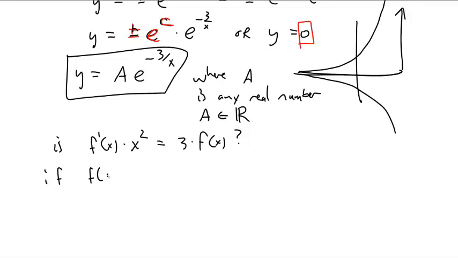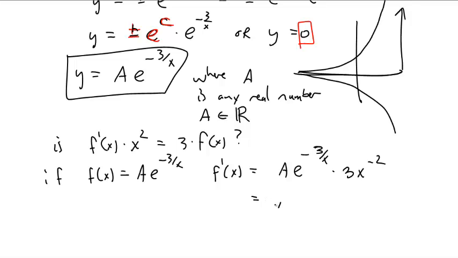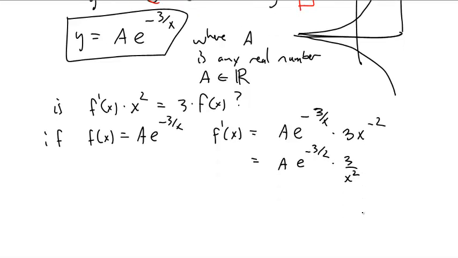If f of x is a e to the minus 3 over x, then the derivative is, leave the constant out front, e to the something is e to the something, that's not a 2, that's an x, e to the minus 3 over x times the derivative of what's inside, and the derivative of minus 3 over x is, that's minus 3x to the negative 1, so that becomes positive 3x to the minus 2, which is a e to the minus 3 over x times 3 over x squared.